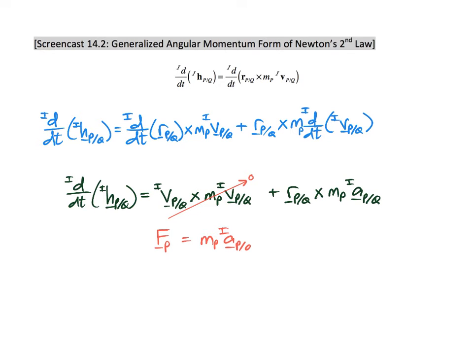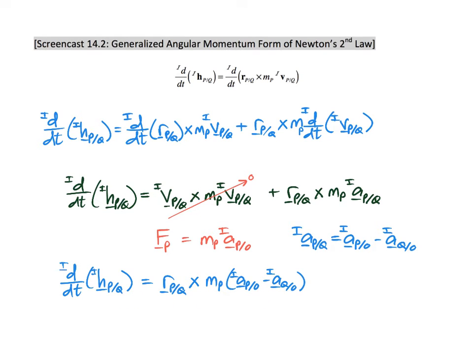But now recall what's critical in Newton's second law is that the acceleration of the point p has to be an inertial acceleration, meaning that it has to be observed in the inertial reference frame and relative to an inertially fixed point. Our acceleration that we have in our expression so far is p with respect to q, and so we can write the acceleration of p with respect to q in terms of the acceleration of p with respect to O, using its vector triad.